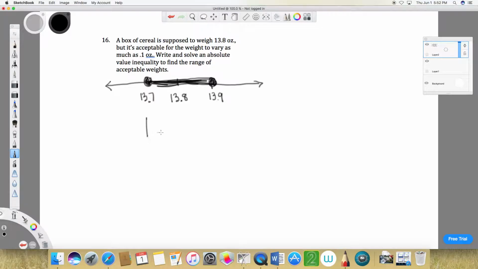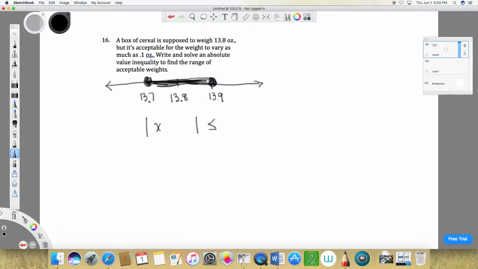So now I know that when it comes to absolute values, if I'm shading in the middle, my arrow is pointing towards the absolute value. Since I've included my endpoints, because 0.1 ounces was acceptable, I have less than or equal to. My variable x is the unknown weight of a box of cereal.